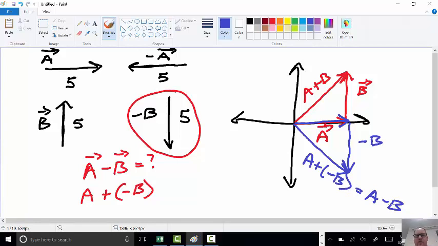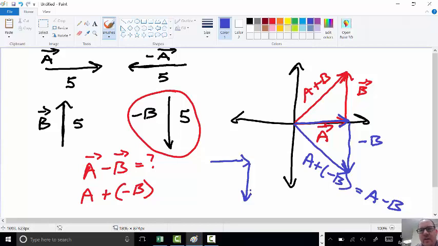In other words, subtraction is the same as addition, except you're adding the negative of the vector you're subtracting. And so you just add it the same way. So really you only have to learn addition is the point of this lesson. And addition is always the same way. You draw the first vector, and then you put the second vector's tail at the head of the first vector.